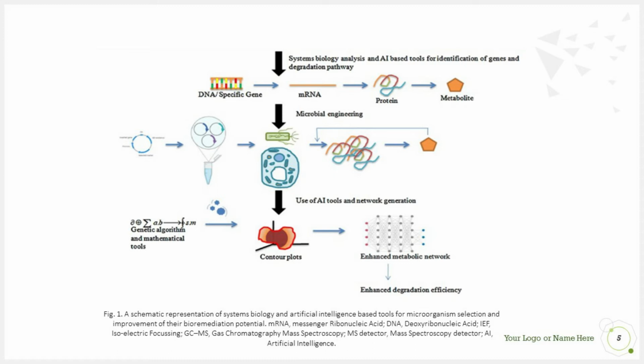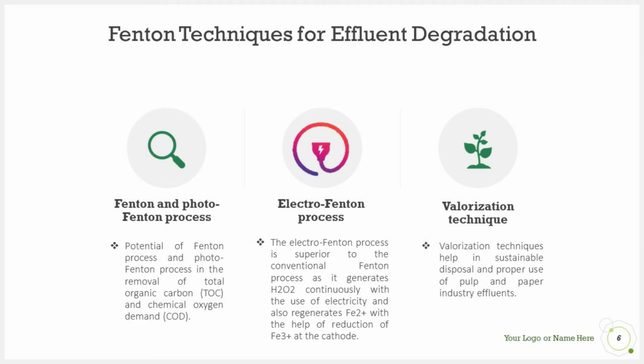But sometimes the toxins present in the effluent are higher in amount and they are not reduced by biological treatment alone. So, for the removal of such obstinate organic compounds, some advanced oxidation processes are utilized. Advanced oxidation processes such as the Fenton process can be applied to reduce these organic pollutants.